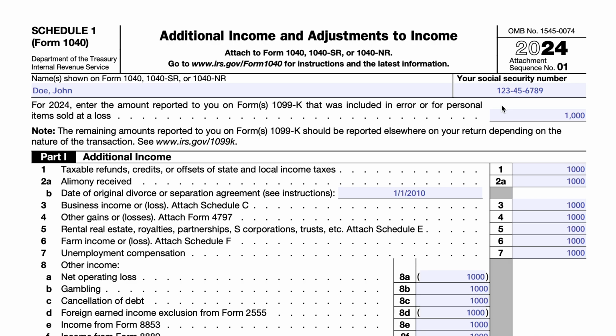So let's imagine that you get that payment and you get a 1099. What do you do with it? Well, you shouldn't pay taxes on it. You would put that information right here. That flags to the IRS that this is not something that's taxable income.